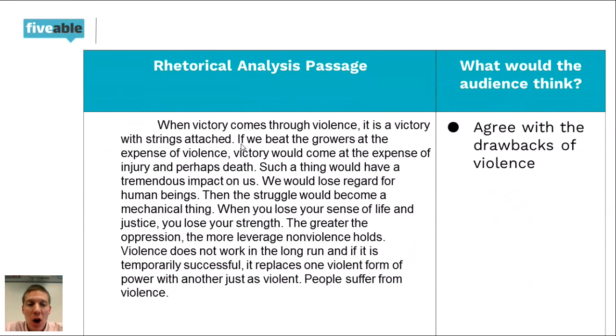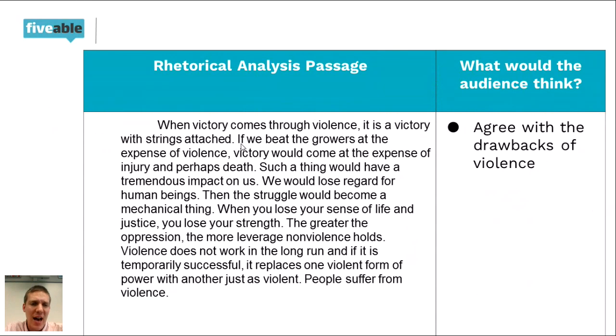"We would lose regard for human beings. Then, the struggle would become a mechanical thing. When you lose your sense of life and justice, you lose your strength. The greater the oppression, the more leverage nonviolence holds. Violence does not work in the long run, and if it is temporarily successful, it replaces one violent form of power with another just as violent. People suffer from violence." Very clear paragraph, especially with that ending.